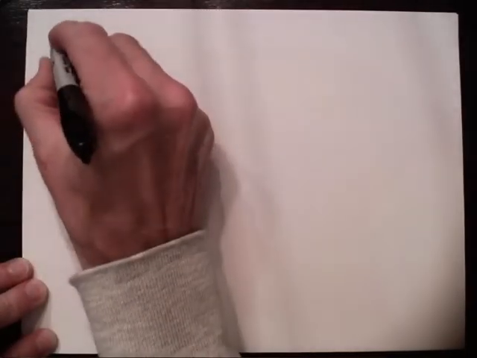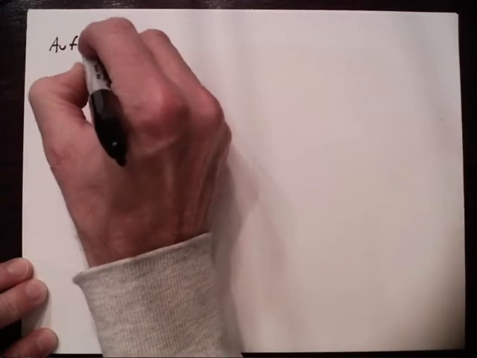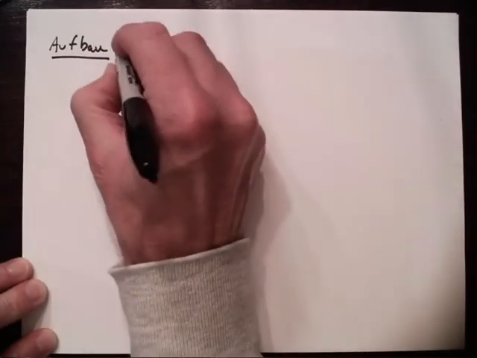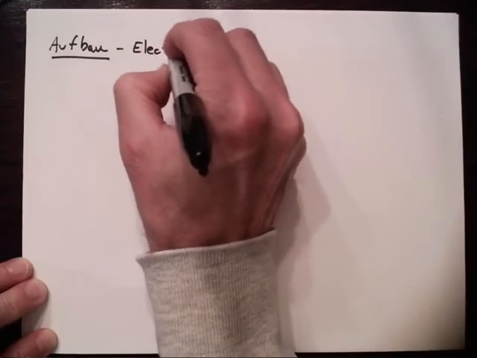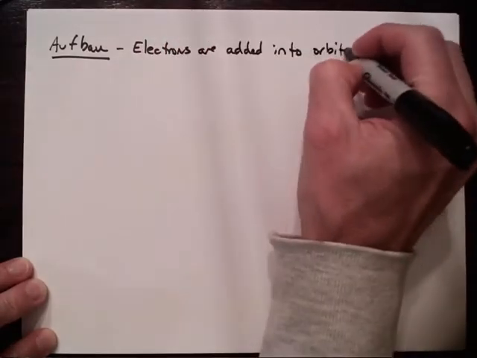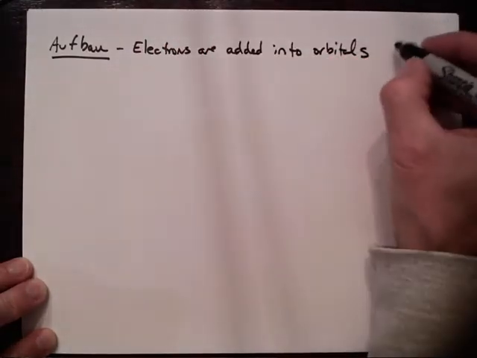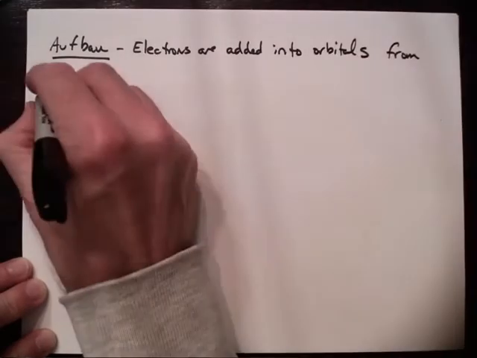The first we're going to cover is the Aufbau Principle, which states that electrons are added into orbitals from lowest to highest energy.